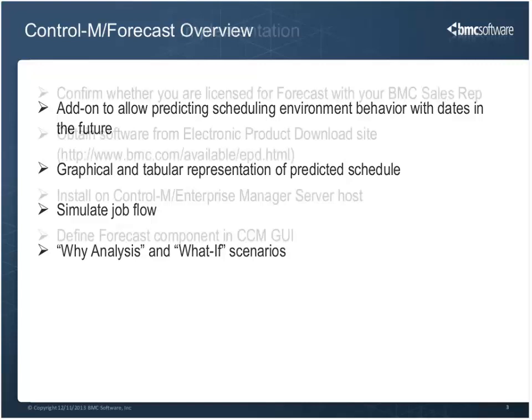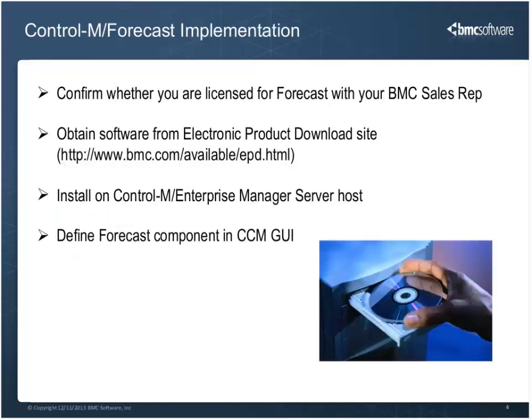Now, as far as implementing Control-M Forecast, as I mentioned before, this is an additional plugin. It does not get included with your default install of Control-M Enterprise Manager Server. If you have any questions about whether you may be licensed for this product, you can contact your BMC sales rep to make sure.